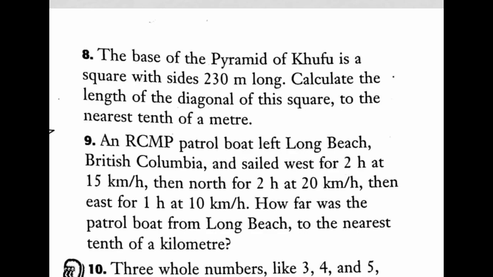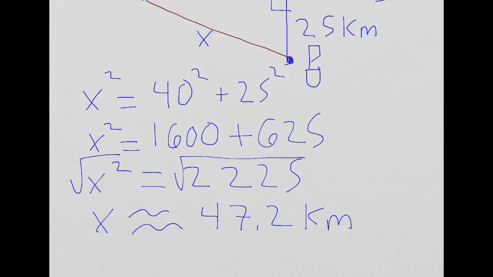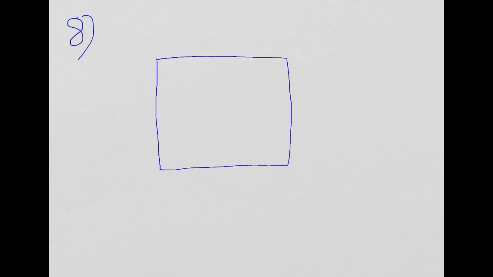So I'm going to flip ahead here, and we'll call this number 8. And so the base of this pyramid is a square, so I'm going to draw a square with sides 230 meters long.